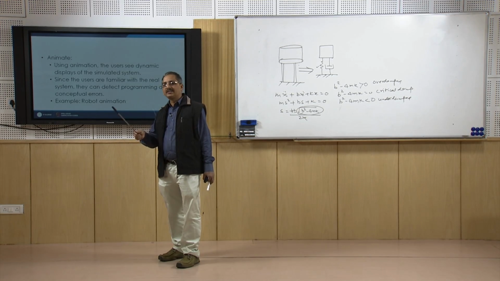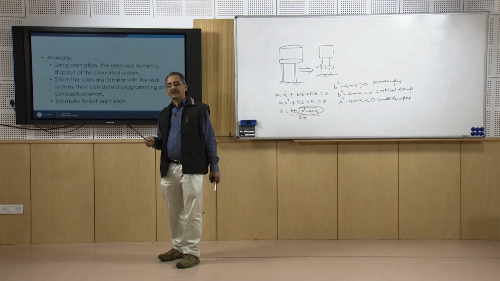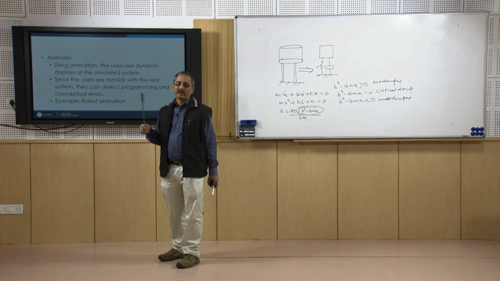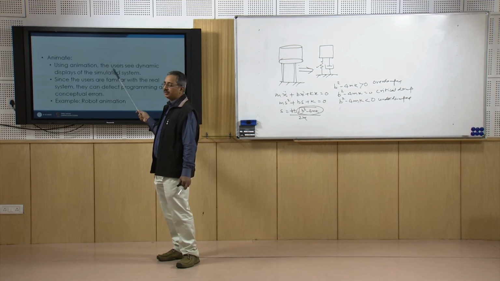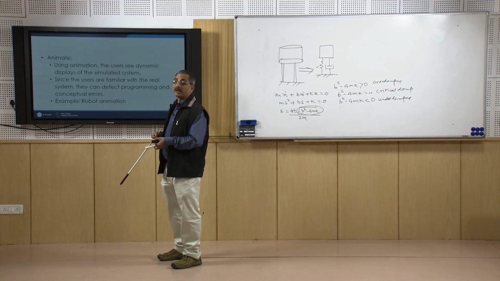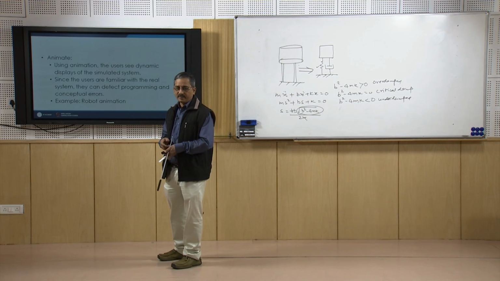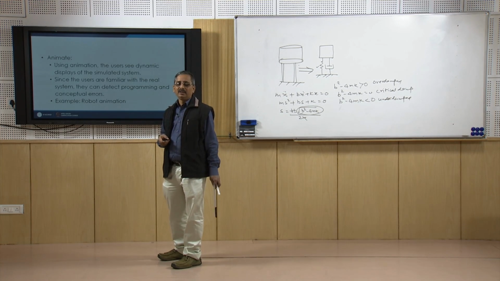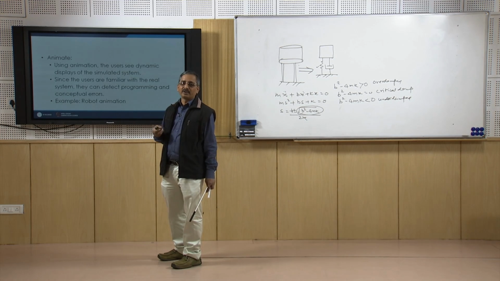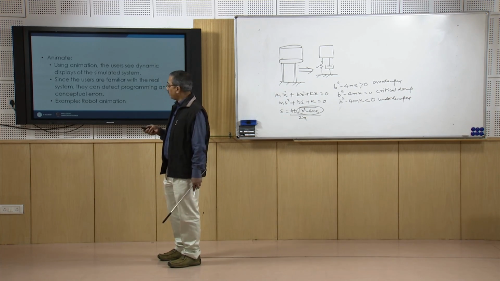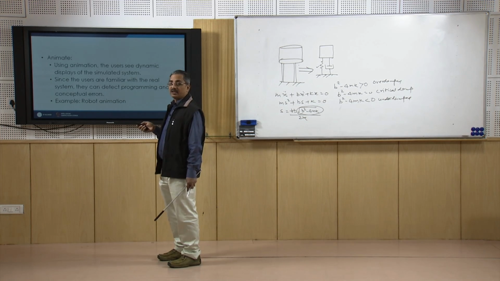How the different links are moving, where the end effector is going, all those things one can see through animation. It is a very good visual representation, and it gives a scenario or environment as if your real system is working. So, it really helps many times in checking your model.